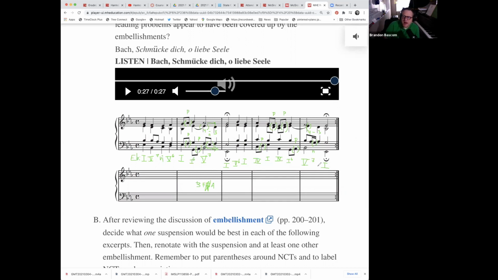Would anybody feel ripped off, like their educational experience was being dampened and not fully realized if we didn't do the reduction? All right. We're going to skip the reduction. That's a lot of work.